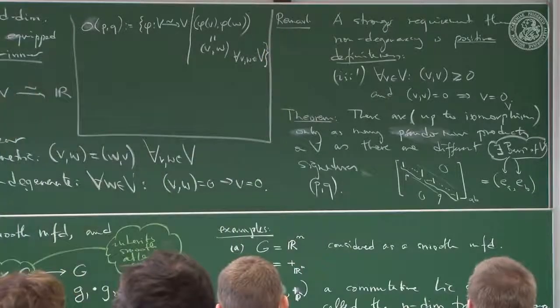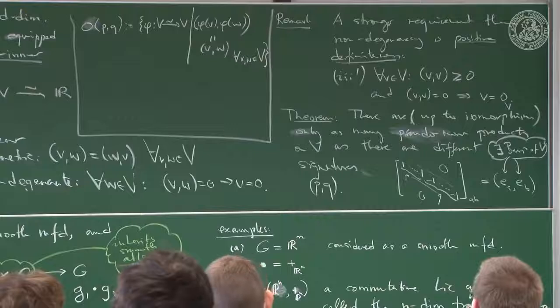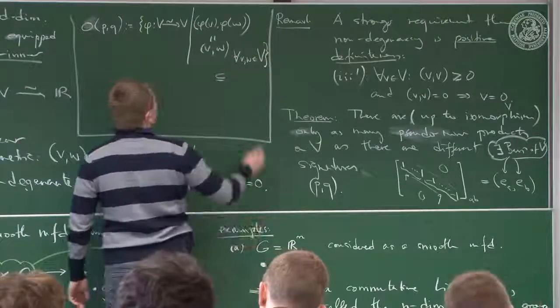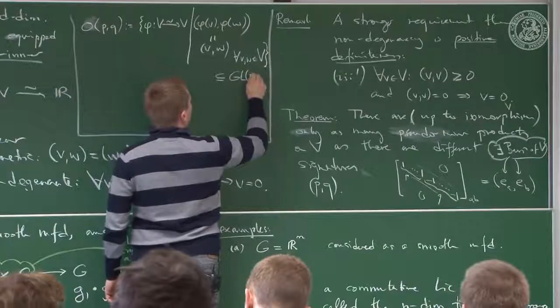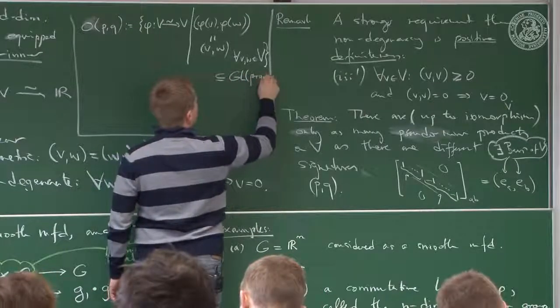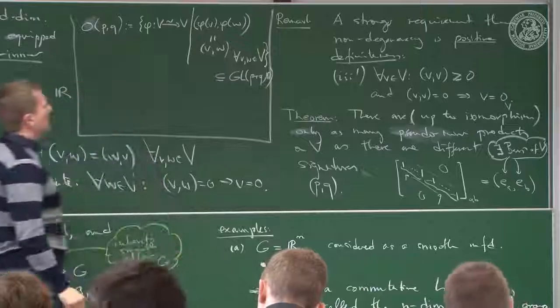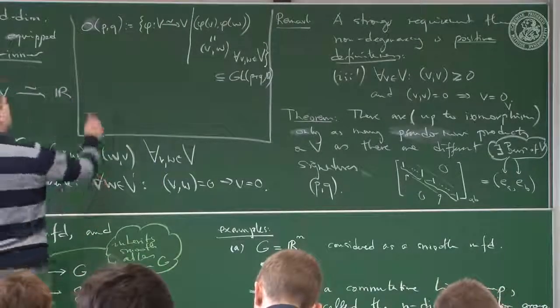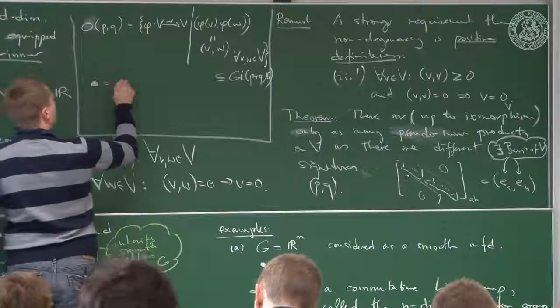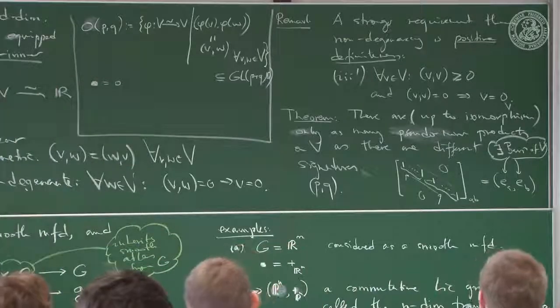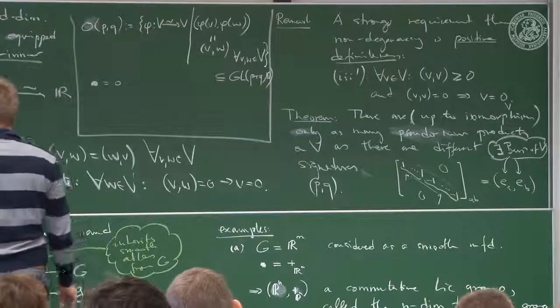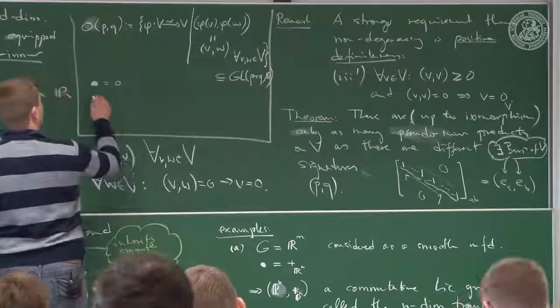Okay, so you take this set, and you can check that this is actually a subgroup of the general linear group GL(P plus Q, R). Okay, it's an R vector space. So again, the inherited group operation is the composition of such maps, and these are called the orthogonal group.